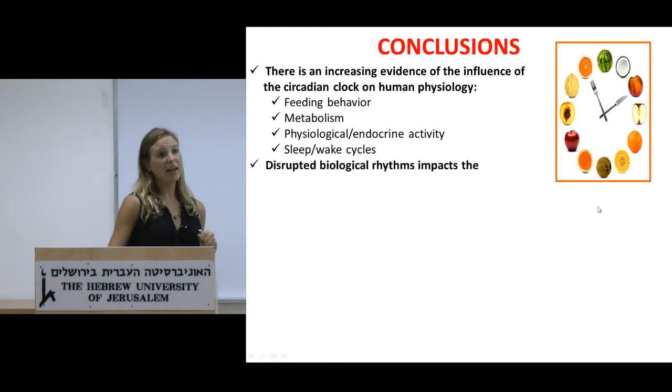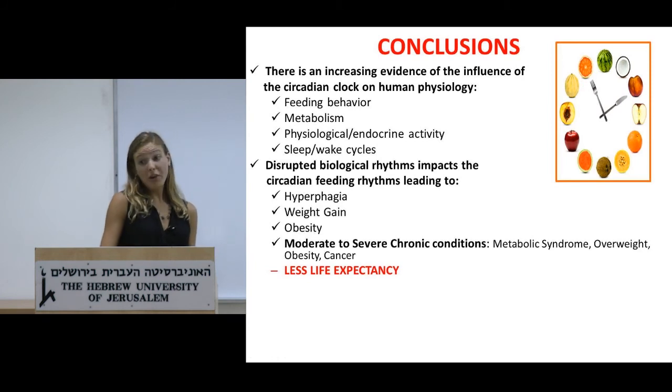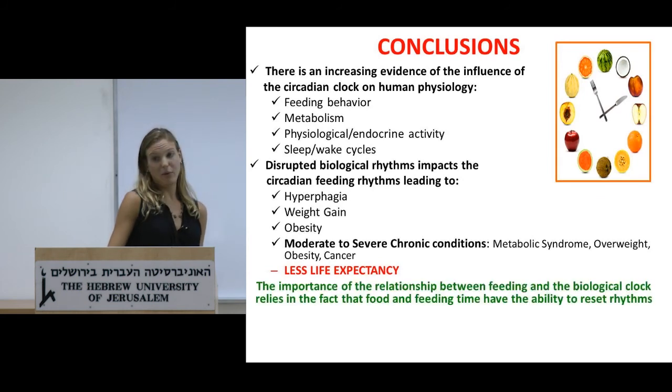And also, we know that disrupted biological rhythms impact the circadian rhythms, leading to hyperphagia, weight gain, obesity, and moderate to severe chronic conditions such as metabolic syndrome, obesity, but moreover to severe conditions such as cancer, and in general to less life expectancy. The importance of the relationship between feeding and biological clock relies in the fact that food and feeding time have the ability to reset our rhythms.